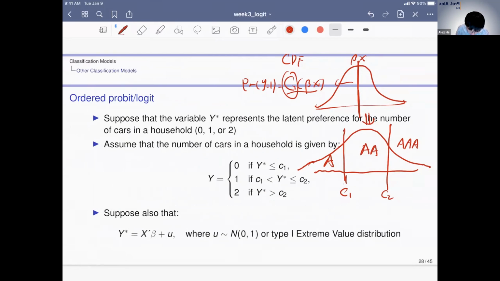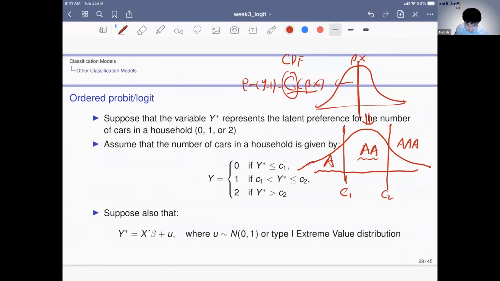You have a very good point that the choice of the cutoffs is very important, and it depends on what your data looks like. You can choose different cutoffs to get closer to the data. For example, if the data has very few AA observations, then you would want to choose these cutoffs to be very close to each other, so there are not many observations between them.